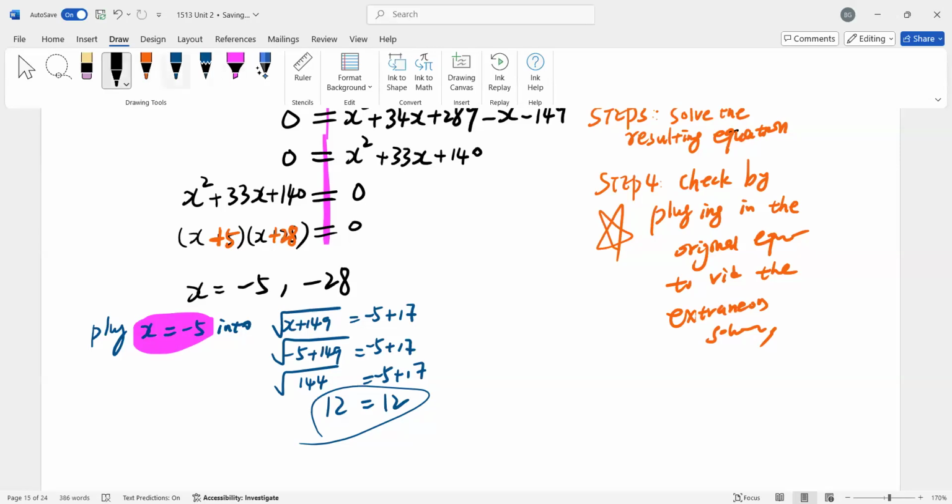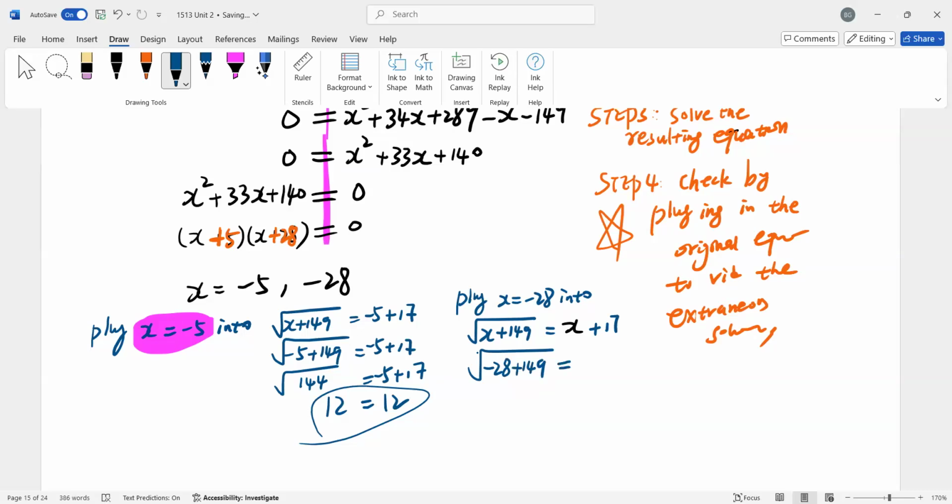But now we have another proposed solution. Let's plug x equals -28 into the equation. Into this, square root of x plus 149 equals x plus 17. So we have -28 plus 149 under the square root.